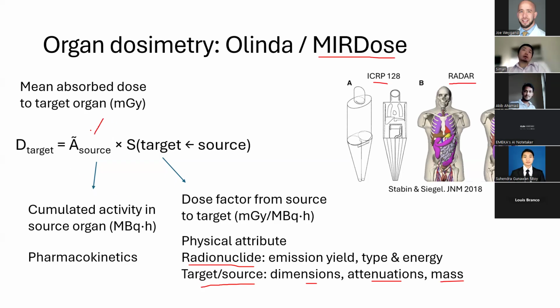And then on the left hand side here, we discussed that this is how many disintegrations, right? So when you have the number of disintegrations and you have the energy that's being deposited per disintegration, you multiply them, then you get the mean absorbed dose. So this is per target-source pair. So let's say we calculate for target bone marrow, source is kidney, right?